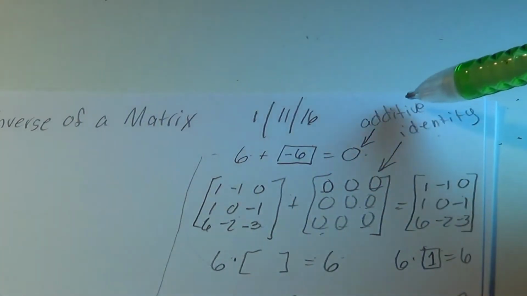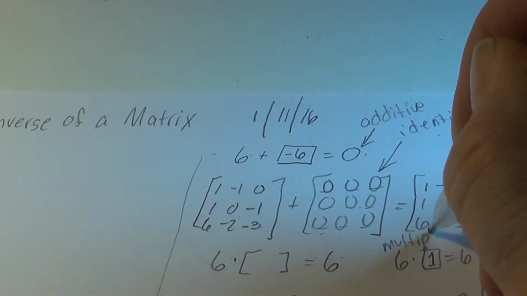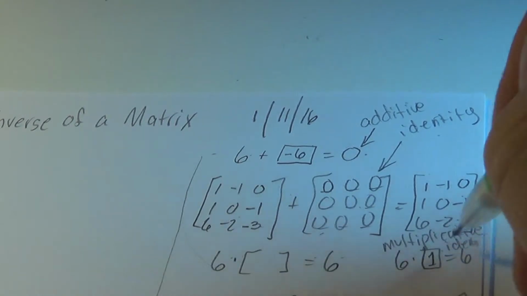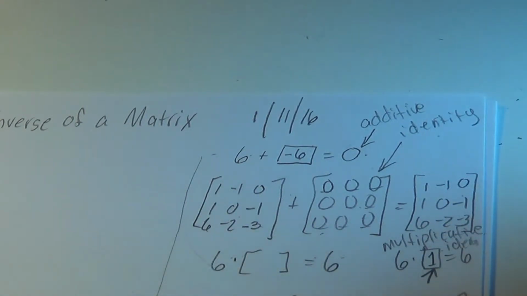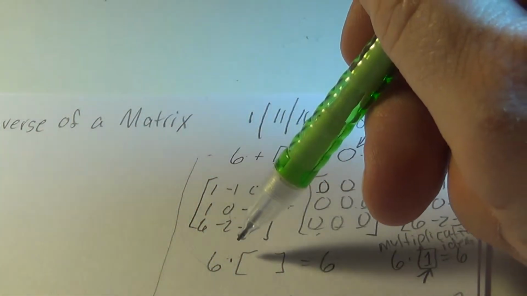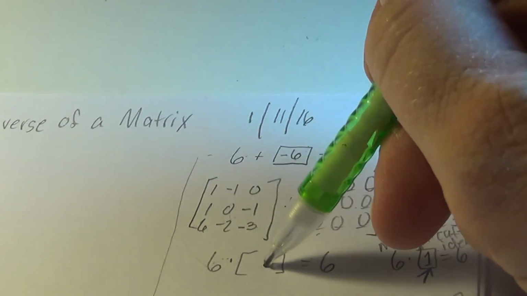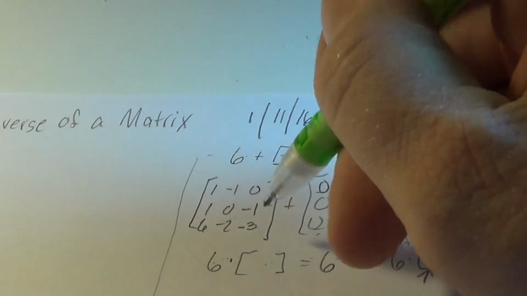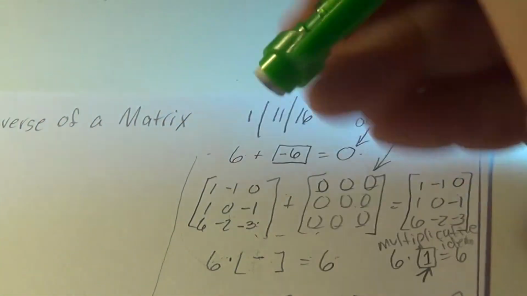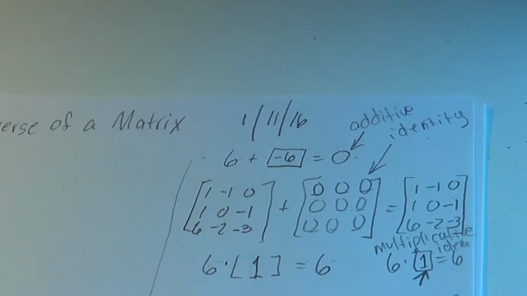So whereas 0 was the additive identity, 1 is called the multiplicative identity. These are words you've heard somewhere in your math past. 6 times 1 is 6.